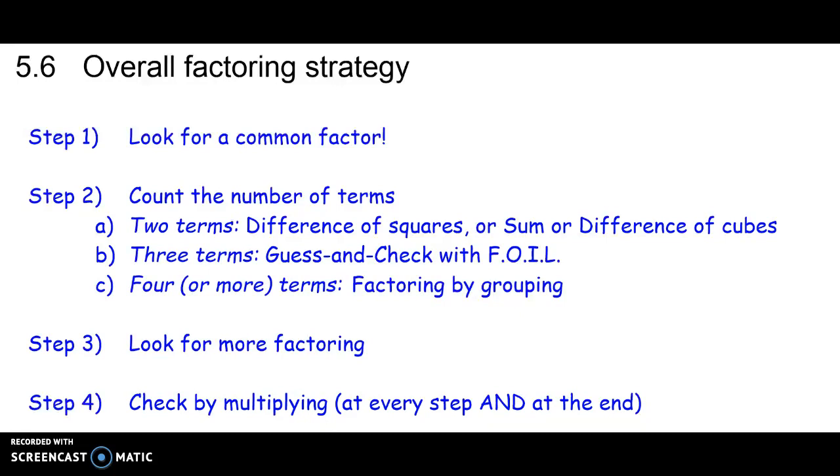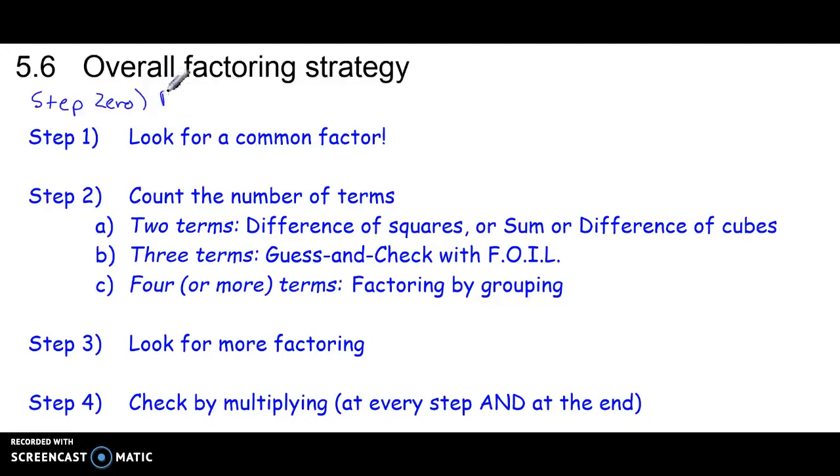First of all, there is something that everybody should be doing all the time. It's not a factoring strategy, but when you're factoring, you should do it before you get started at all. In fact, I'm going to call this step 0. What this means is rearrange the polynomial by collecting like terms and putting things in descending order.